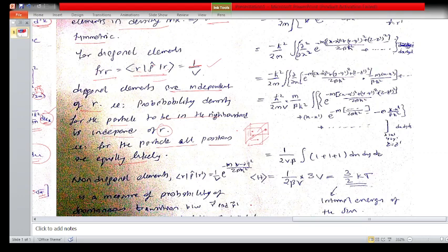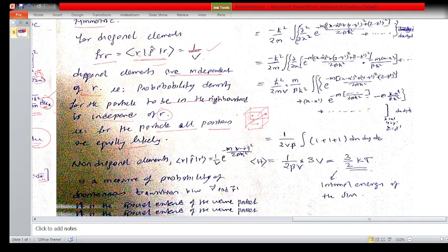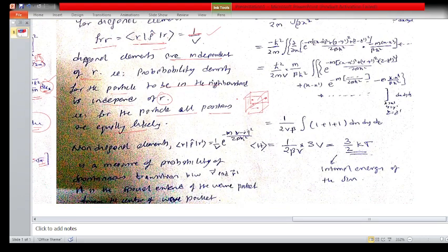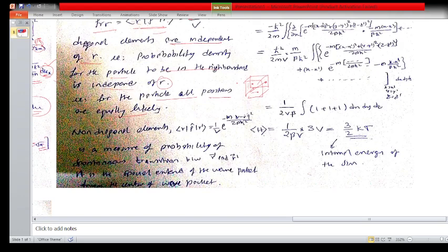So for diagonal elements, the probability density is independent of r in this particular case. And then for the non-diagonal elements, with r dash, we will get this particular term that we already wrote.